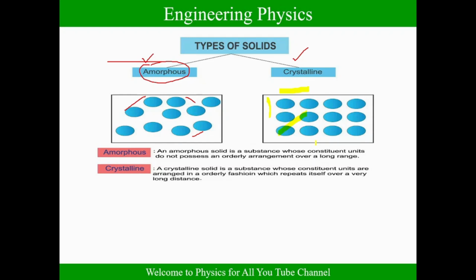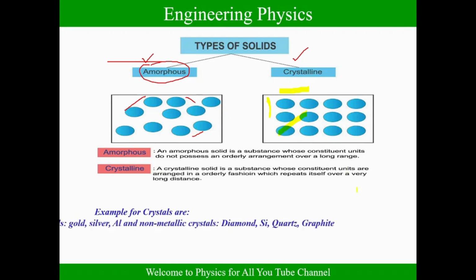This gives the various properties of crystalline materials, like electrical properties, magnetic properties, and other mechanical properties. Now we'll discuss examples of crystalline solids.